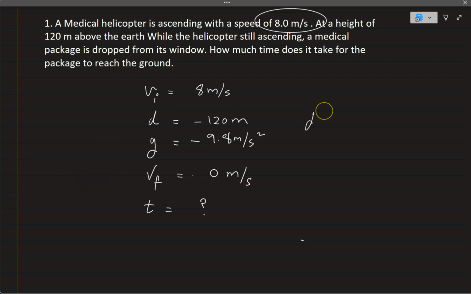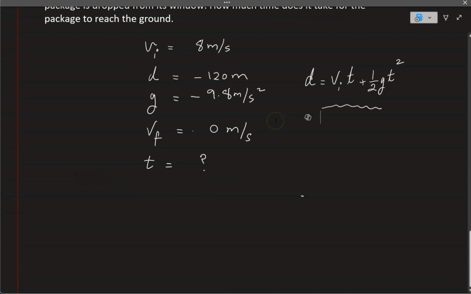We're going to use this formula. The displacement is equal to v initial t plus 1 half g t squared. And we're going to use this formula to solve for t. Okay, so we're going to plug numbers in. What do we have?